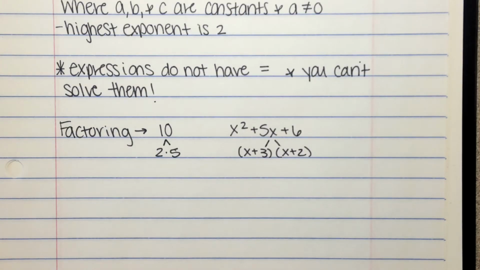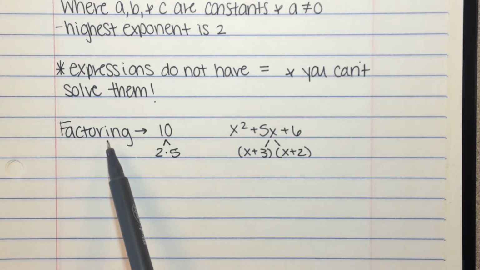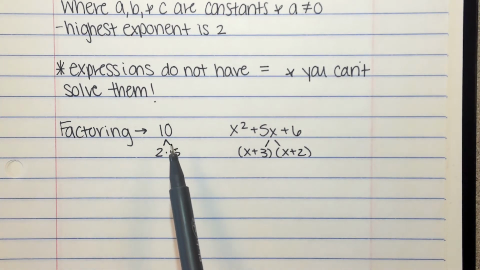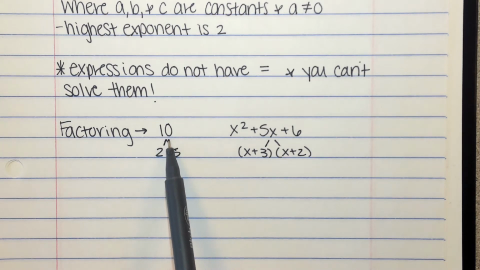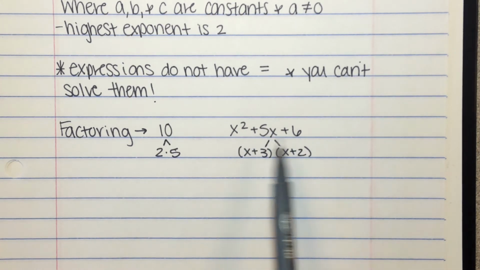Okay, on that note, let's have a reminder of what factoring is. So factoring is breaking up a quantity into smaller pieces. Okay, it's breaking it as low as it can go. So we can take 10 and break it up into 2 times 5 because we know 2 times 5 is 10. We're doing the same thing with a quadratic expression.